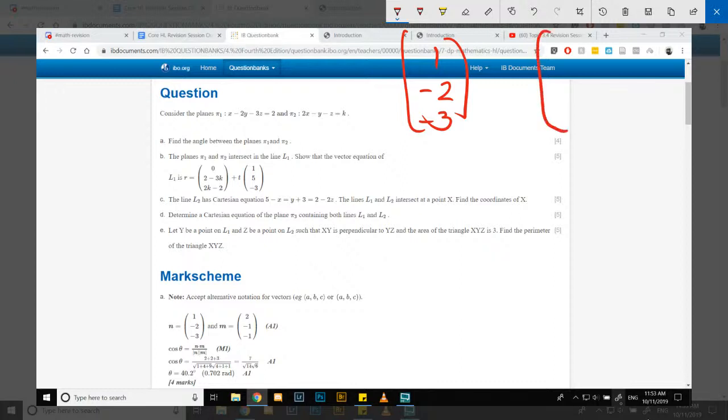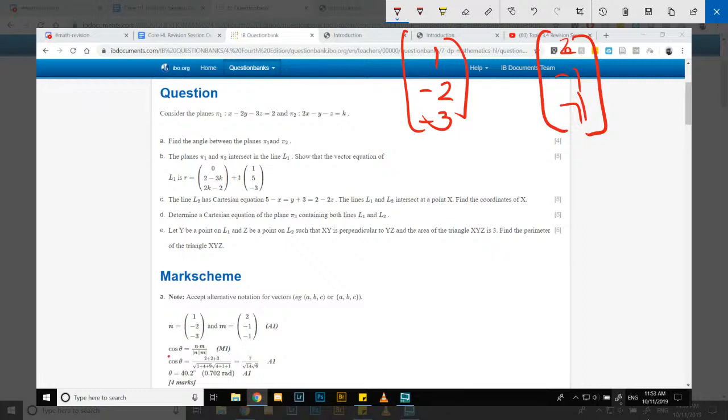And the other normal vector is 2, -1, -1. Finding the angle between the planes is equivalent to finding the angle between these two normal vectors, because they are perpendicular to the planes. So you would use the dot product formula we learned earlier.